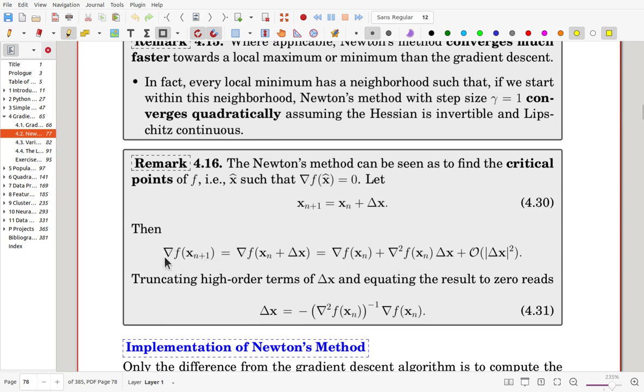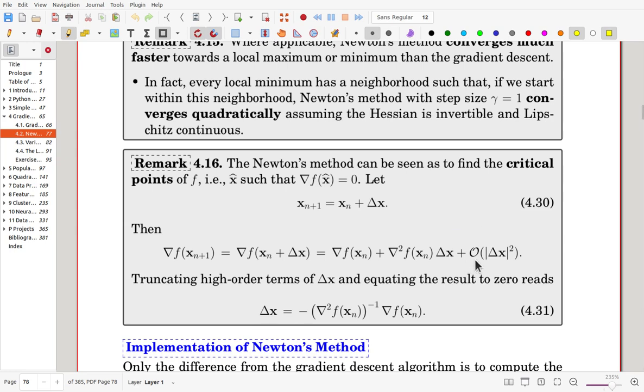Originally the gradient is here, the gradient f is a first order derivative, and that is a second order term.